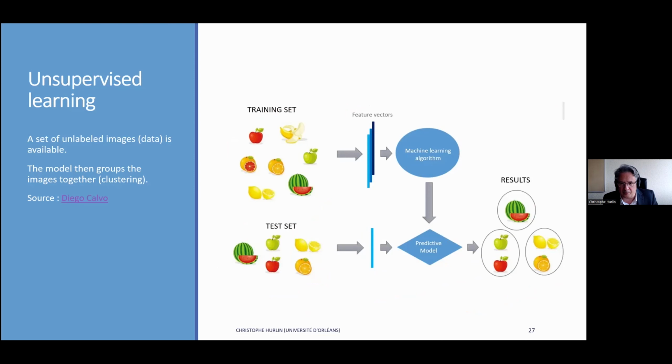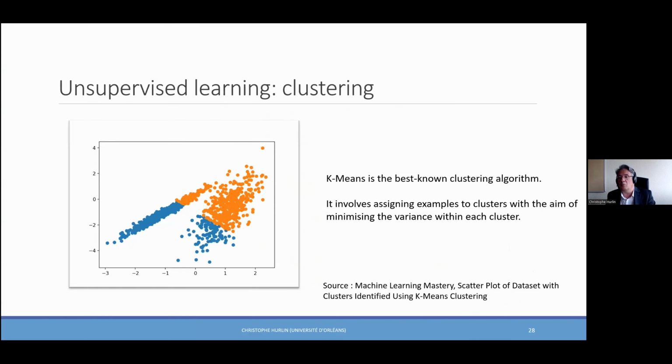Great. So, the best known clustering algorithm is K-means, which minimizes the variance within each cluster and maximizes the variance between the clusters, but we have many other algorithms for clustering in machine learning.